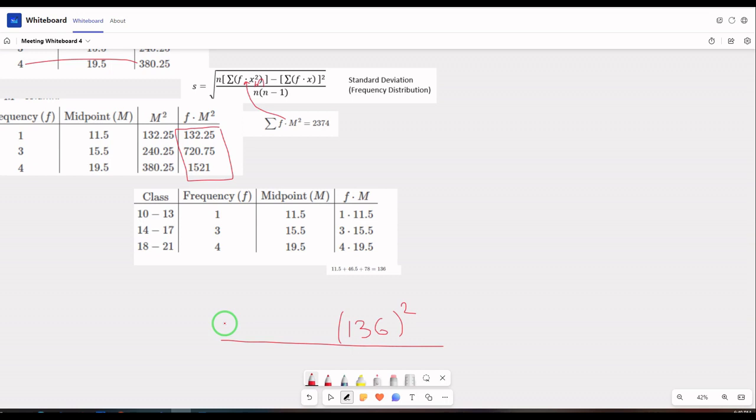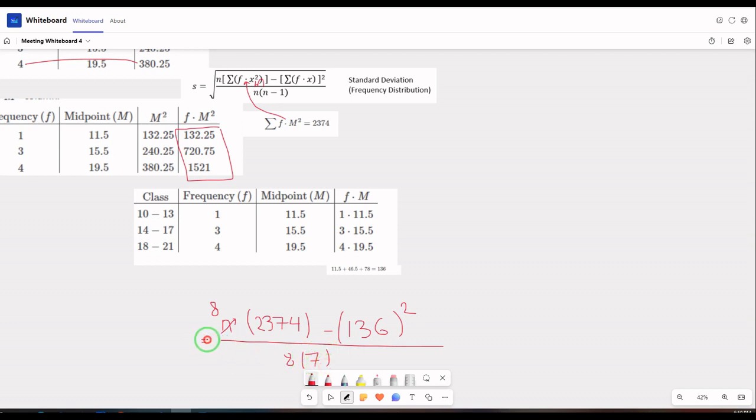Now for the first part of the equation, n, which was 8, right? So I'm going to substitute it with 8 multiplied by this value, which is 2374, minus, and here I have 8 multiplied by 7.